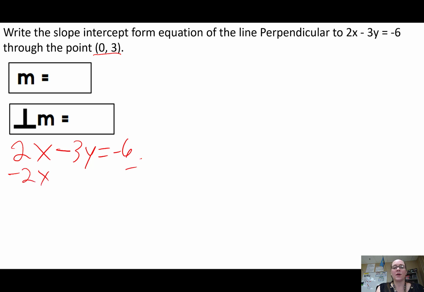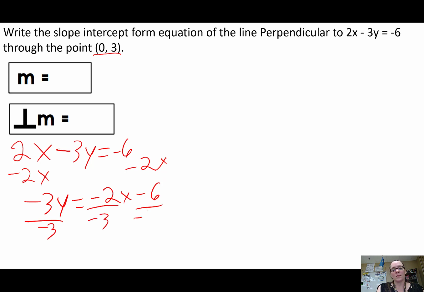So subtract the 2x on both sides. Negative 3y is equal to negative 2x minus 6. Divide everything by the negative 3. So y is equal to, okay, because 2/3 doesn't simplify, but negative divided by a negative does. So we get 2/3 x plus 2.